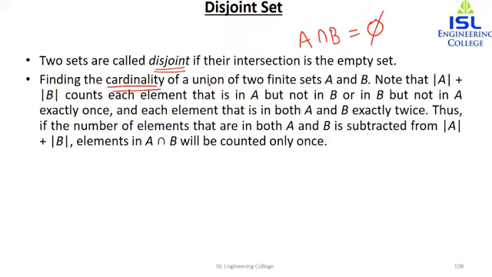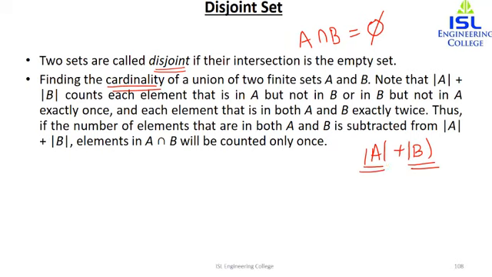Cardinality of a union of two finite sets A and B: we take the cardinality of A and then the cardinality of B. Now, cardinality of A plus cardinality of B counts the elements in A and the elements in B. But what about the elements which are in both A and B? Those elements are being repeated twice in the counting.